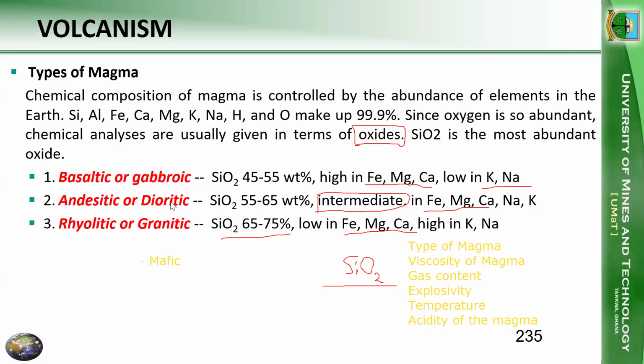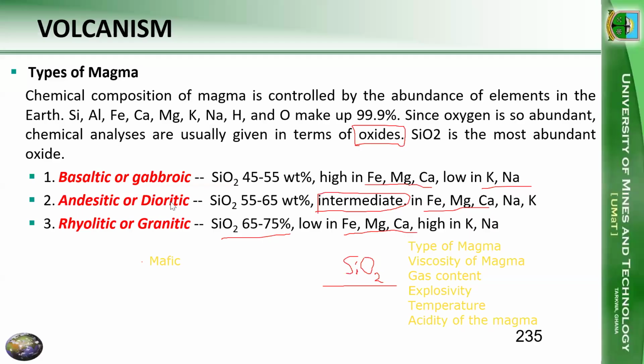But basic magmas, when we say basic, it means silica content is low. And when we say acidic, it means silica content is high. So when we talk about magmas, basic and acid are like geologic descriptive terms. Low silica content magmas are called basic magmas.